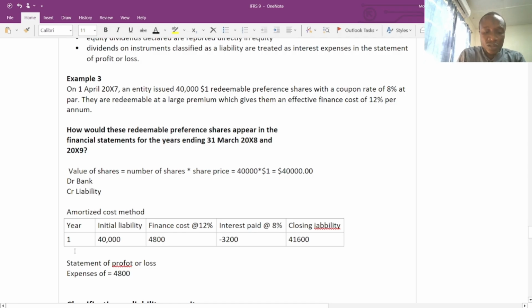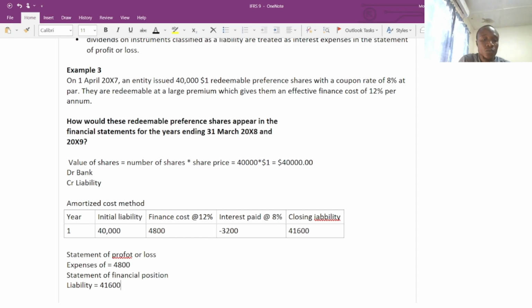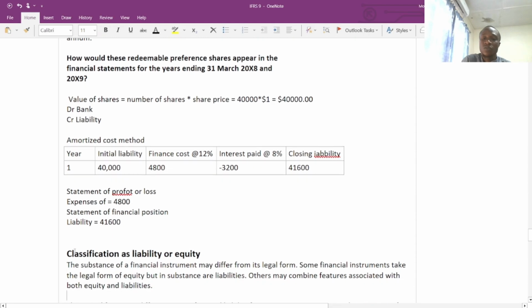And also in the statement of financial position, we are going to show a liability equal to 41,600. So basically, this is how we can account for this particular transaction. So nothing much to worry about.